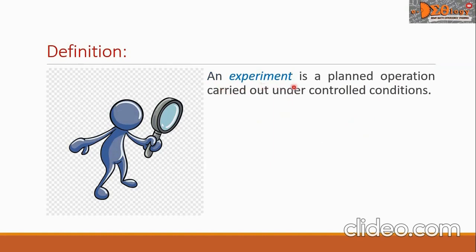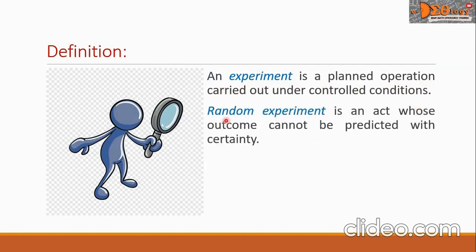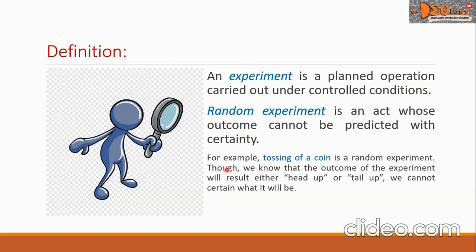An experiment is a planned operation carried out under controlled conditions. A random experiment is an act whose outcome cannot be predicted with certainty. For example, tossing of a coin is a random experiment.